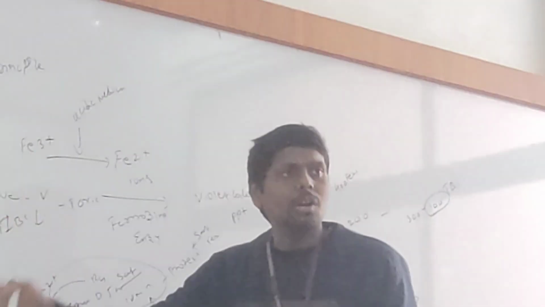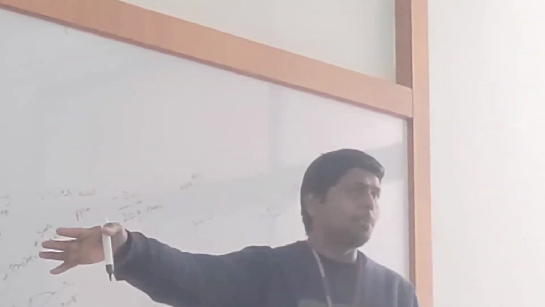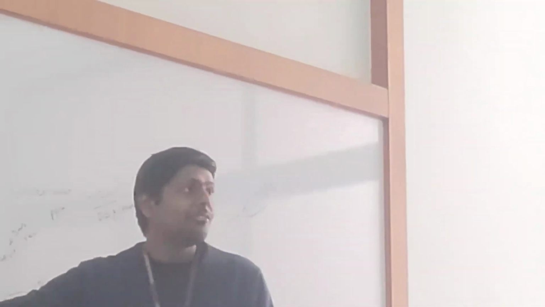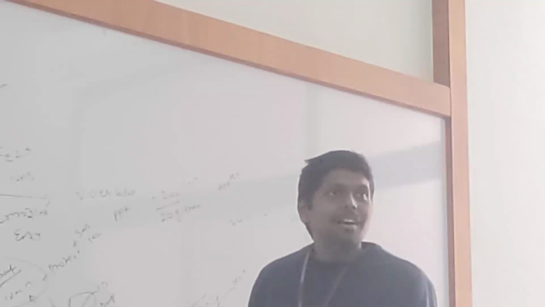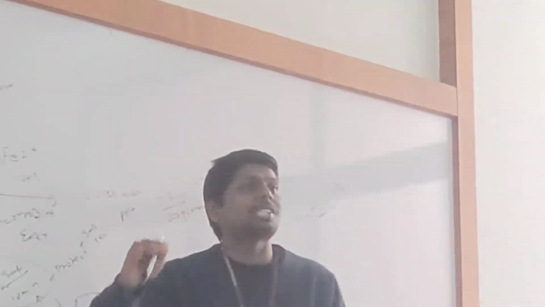Somewhere iron was overloading in the body, and that overloaded iron is not transferred back to the bone marrow. That's why I was checking my TIBC, whether my deposited iron is taken back to the bone marrow or not, whether my protein is in the maximum functional state or not.